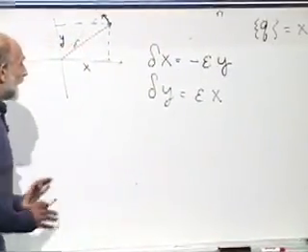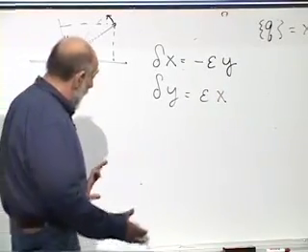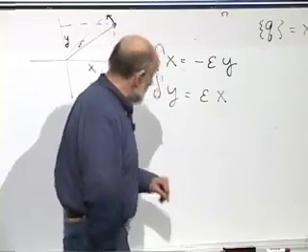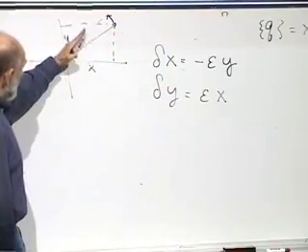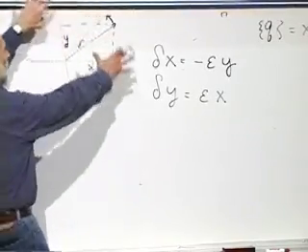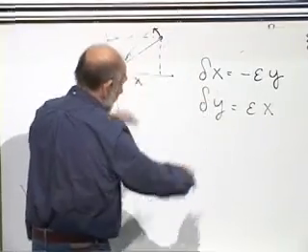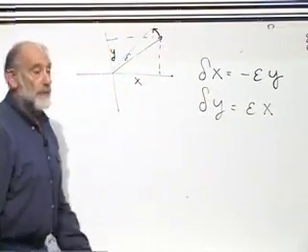I will simply write down the formula. Delta x is minus epsilon times y, delta y is epsilon times x. If epsilon is a positive number, then it corresponds to a rotation of the system counterclockwise. If epsilon is negative, it corresponds to a rotation of the system clockwise.